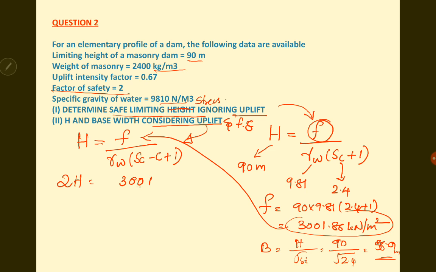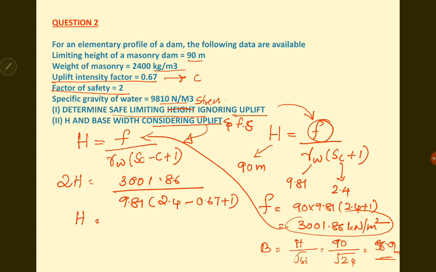F is equal to 3001.86 divided by gamma W, which is 9.81, into SC, which is 2.4. What is the C value? The C is the uplift intensity factor, 0.67. So 0.67 plus 1. Okay. So what is the value of H?